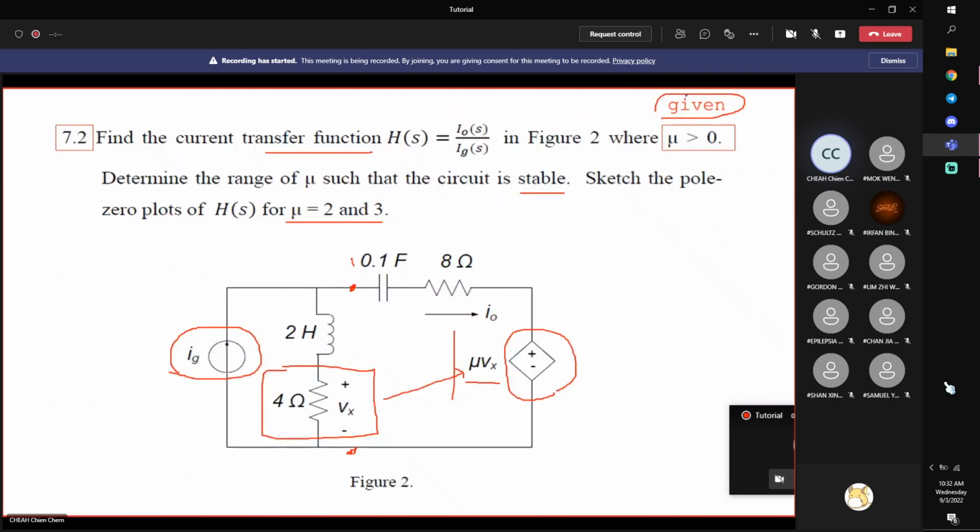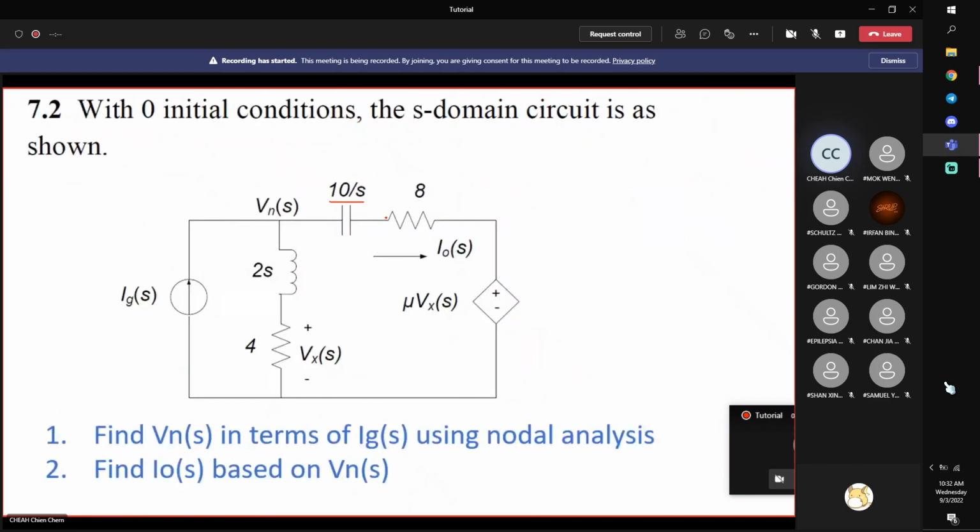C is equal to 0.1, so 1 over 0.1 is 10, and L is equal to 2, so you get 2s. Put everything into the Laplace domain. All the variables are in the Laplace domain now. Then treat this as if it's a resistor network, and try to analyze it.